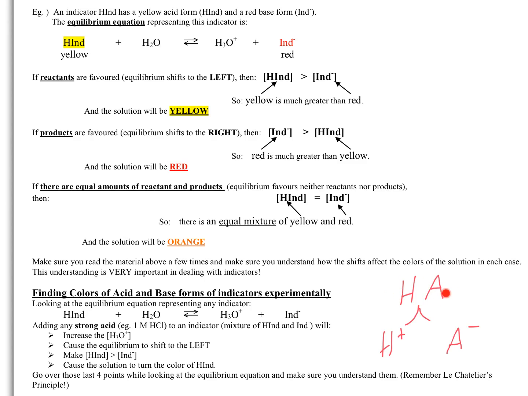Therefore, if I add a strong acid, if I add any acid, I'm going to be adding hydrogens, which increases this concentration. So we add hydrogen, we're increasing this concentration, which causes equilibrium to shift to the left. Therefore, the solution will turn the color of the acidic side of the indicator. Go over these points a few times to make sure you understand them.